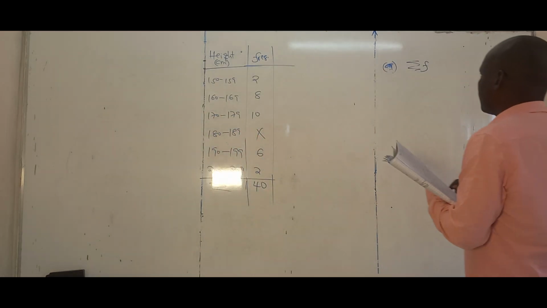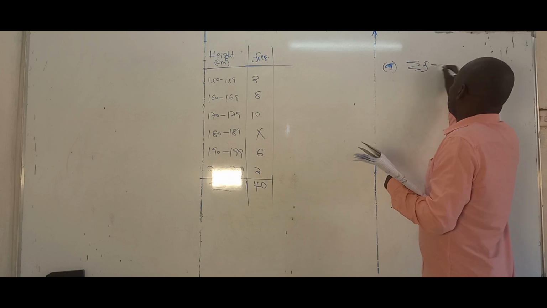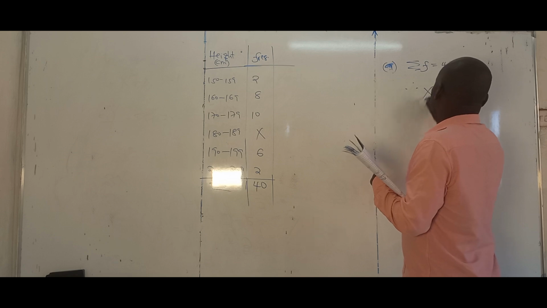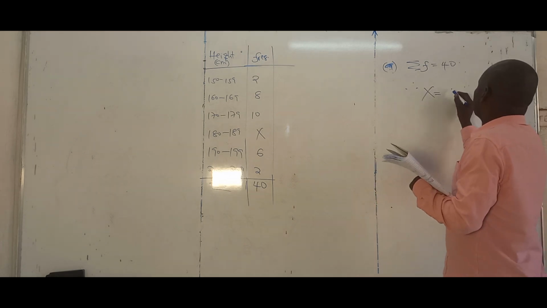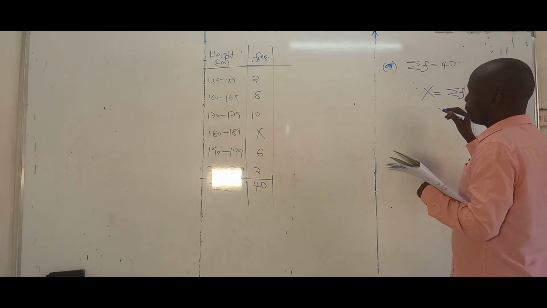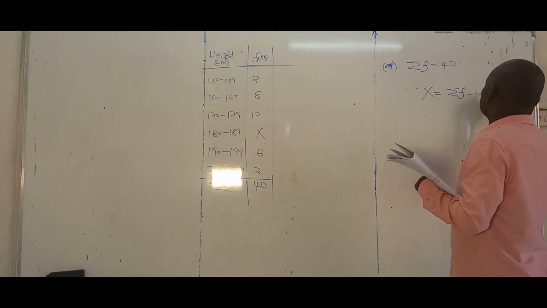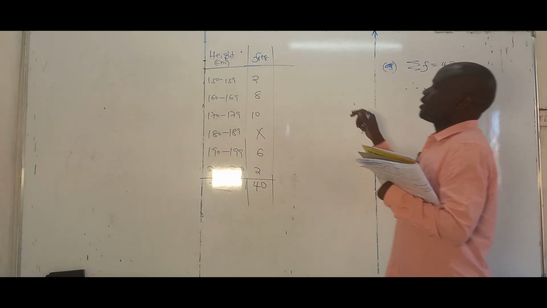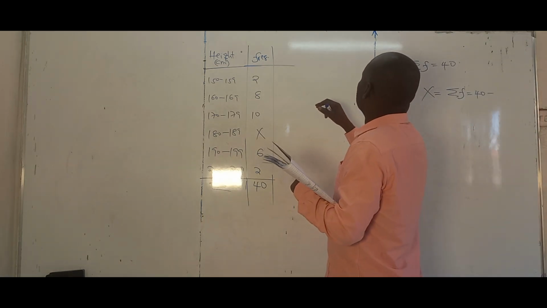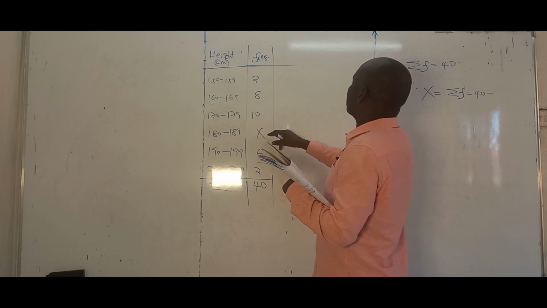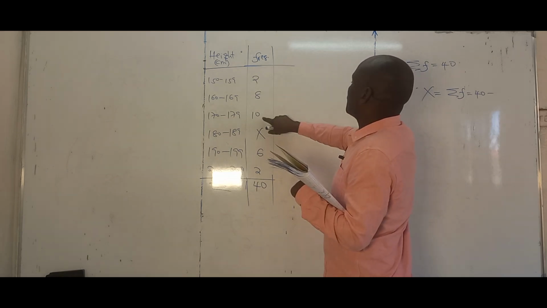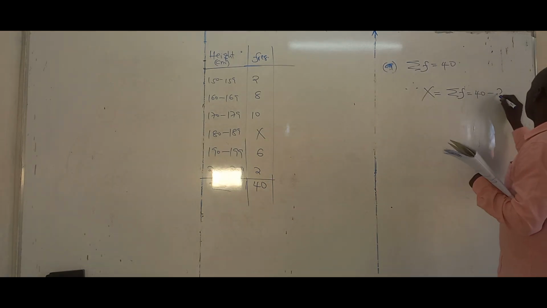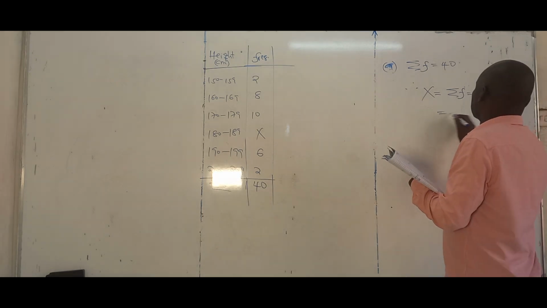So if the summation is 40, therefore x will be the summation of f, which is 40, minus the summation of the other f, where we add 10, 20, 26, 28, so minus 28, and that gives us the value.